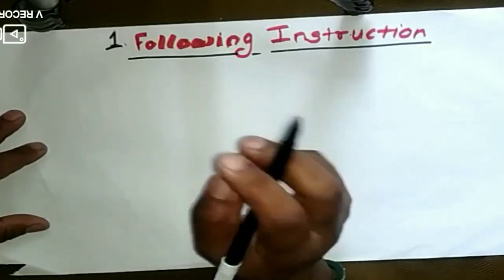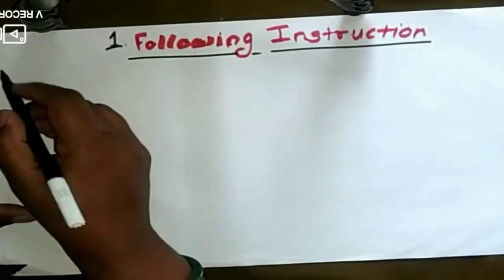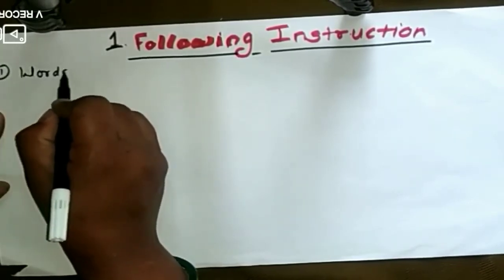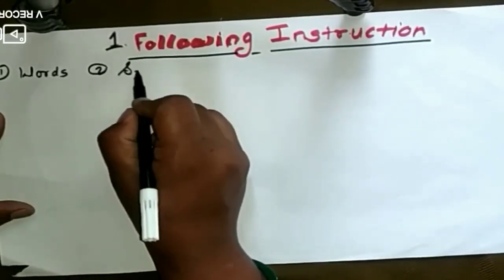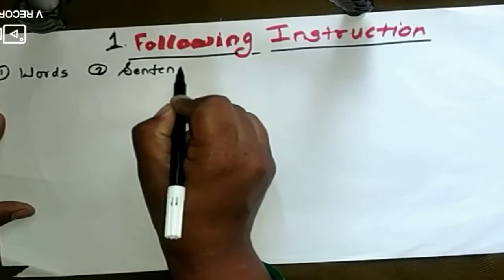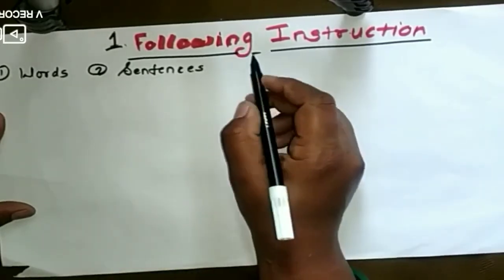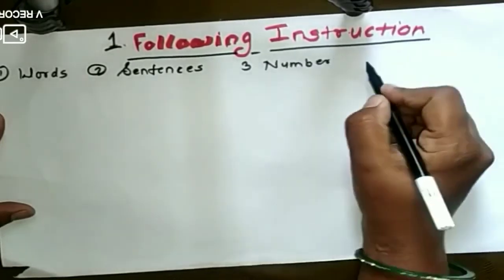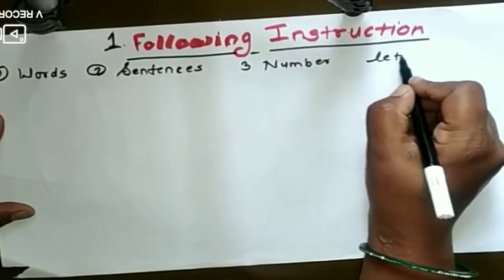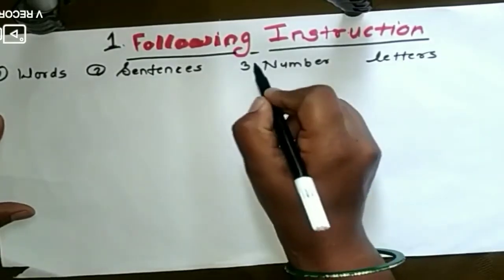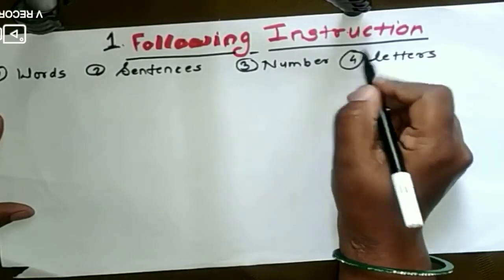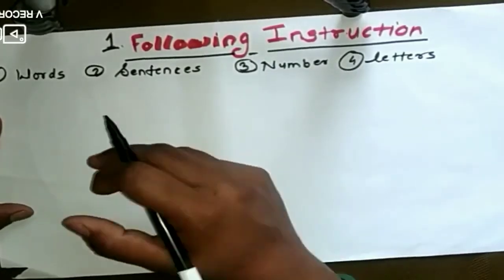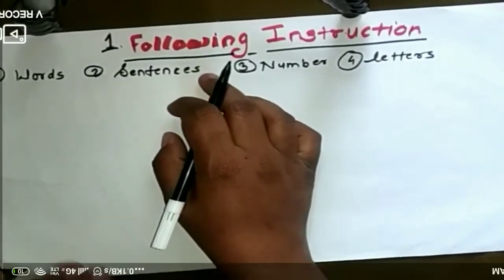They are giving us some words, or some sentences, or some numbers, or some alphabetical letters, in the way the letters are in the English alphabet. Based on these words, sentences, numbers or letters, they are providing us some questions, and we have to solve them.